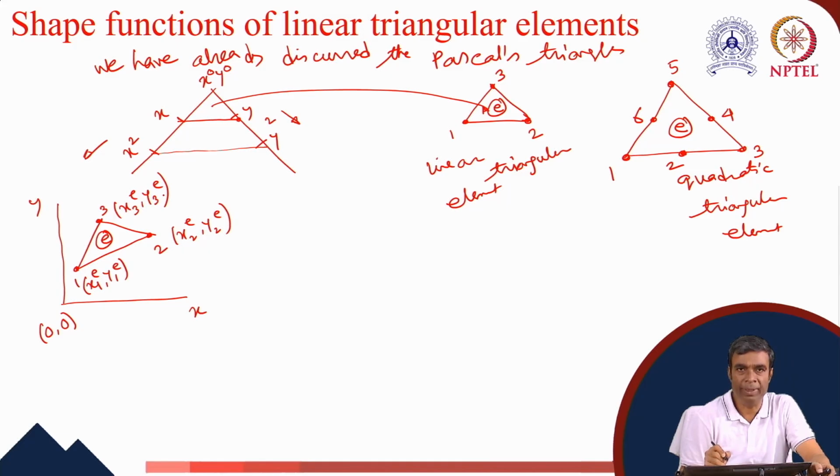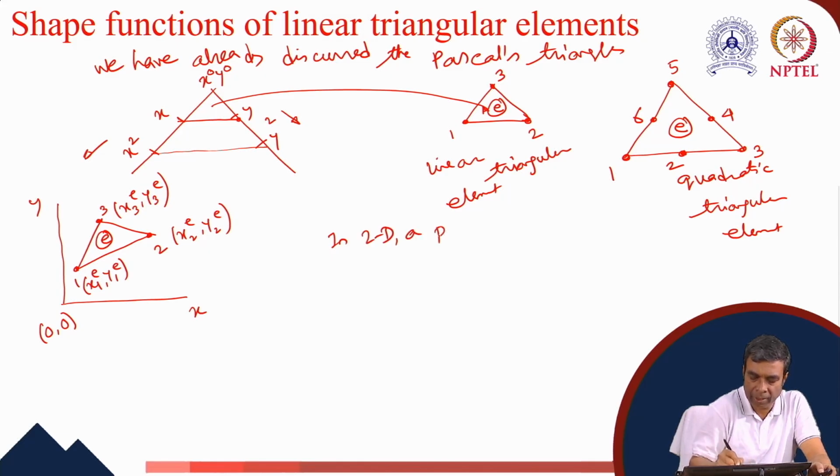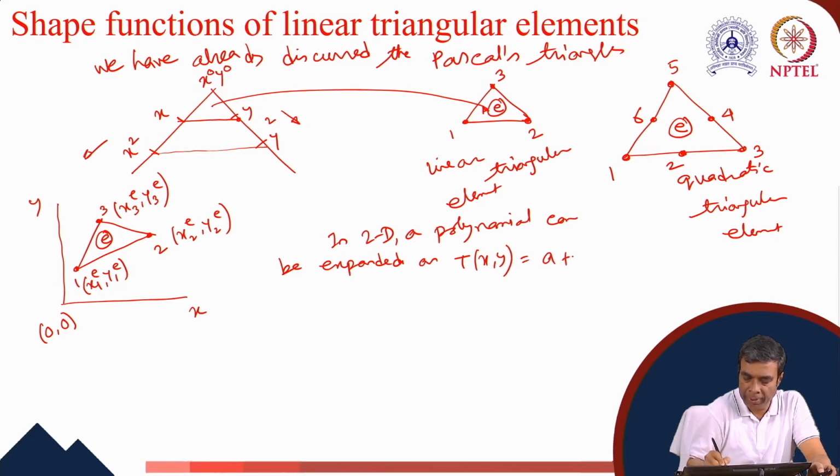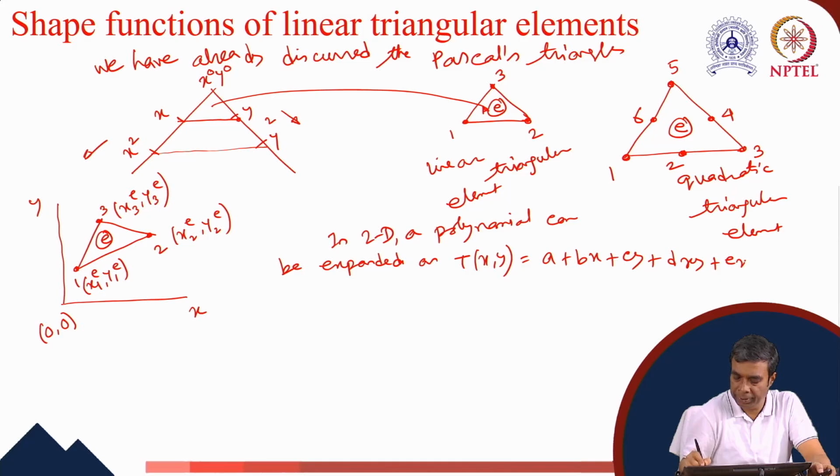In 2 dimensions, a polynomial can be expanded as T(x,y) equals a plus bx plus cy plus dxy plus ex square plus fy square and so on.